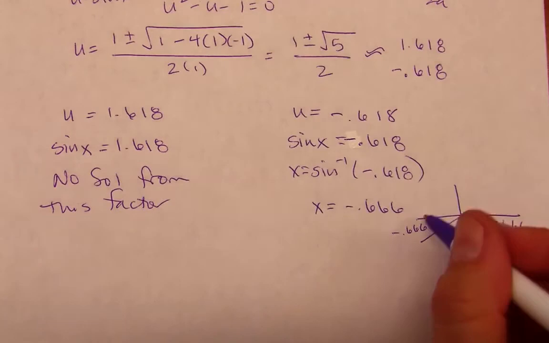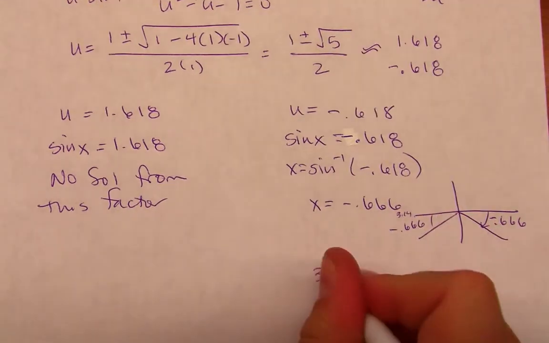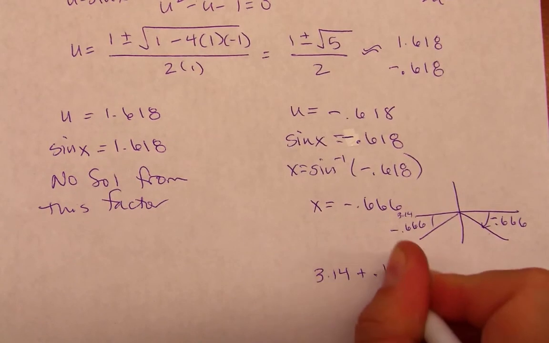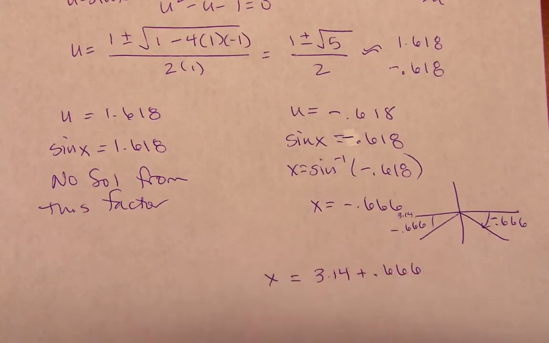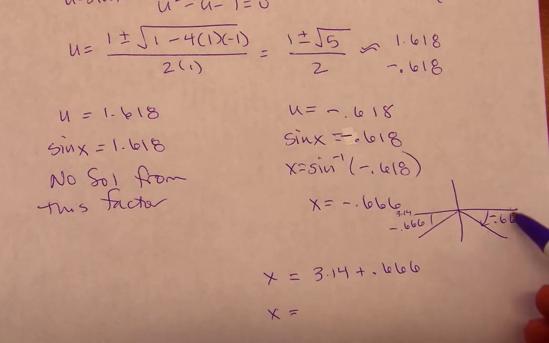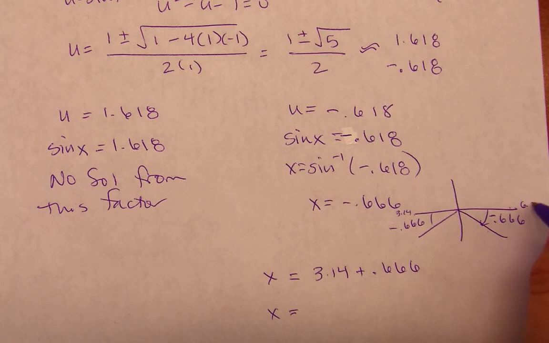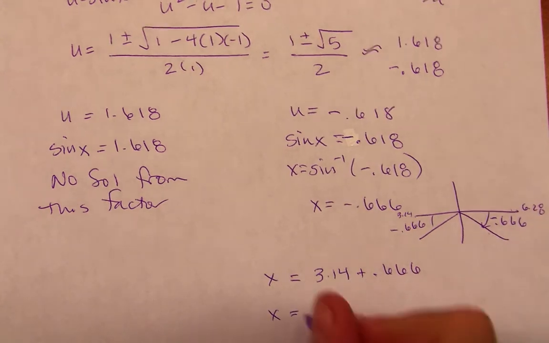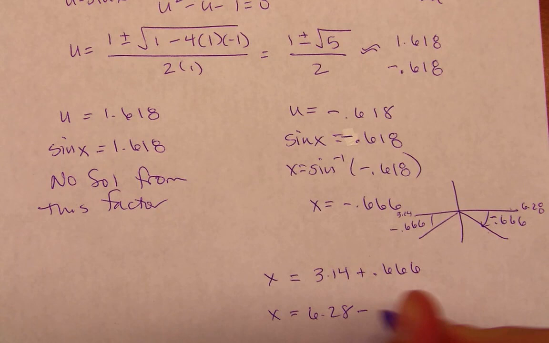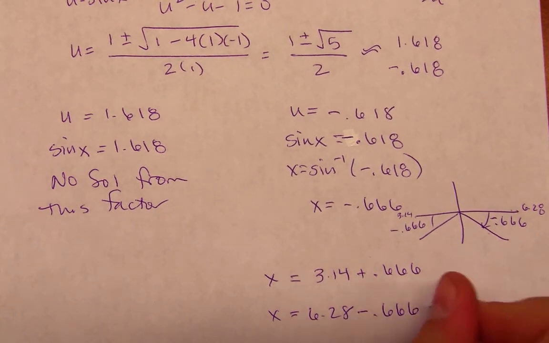Now, this is 3.14, so 3.14 plus 0.666 will give us one x. And the other one, it's just shy of 2 pi, so remember 2 pi is 6.28. So 6.28 minus 0.666 is going to give us the other x.